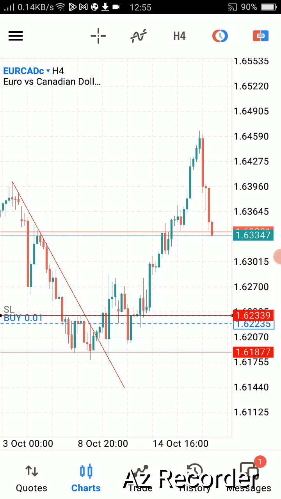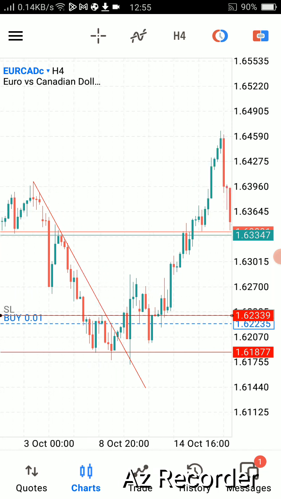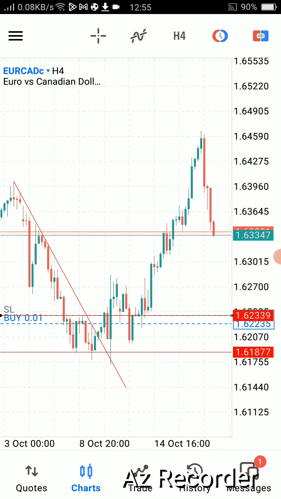Now, the fundamental outlook of Euro Canadian dollar. The first thing that I looked at are the news, right? The information or the data released by the banks.